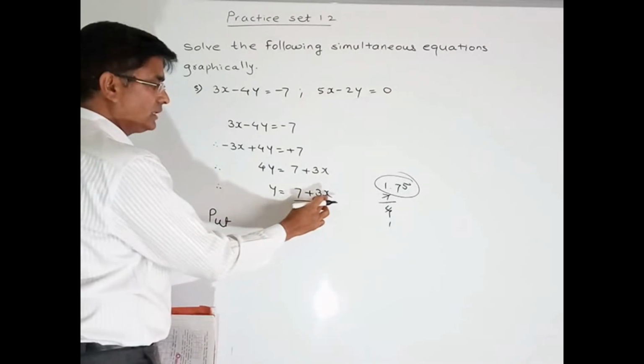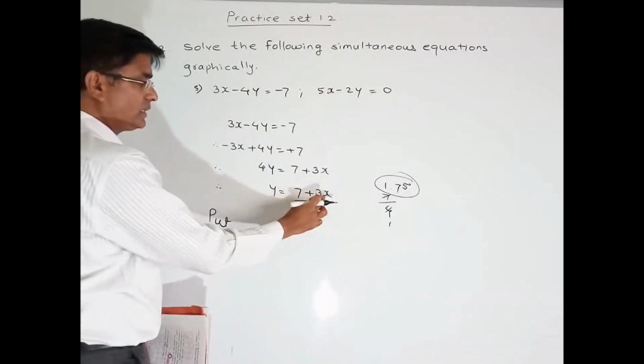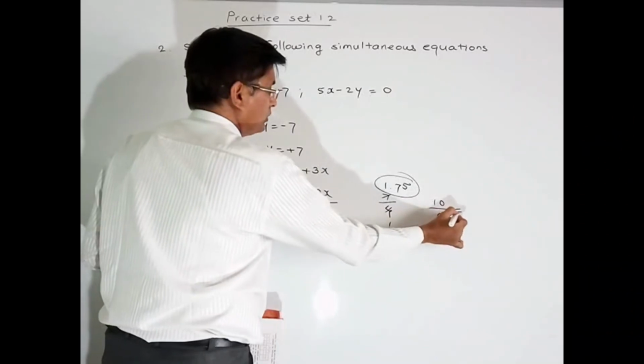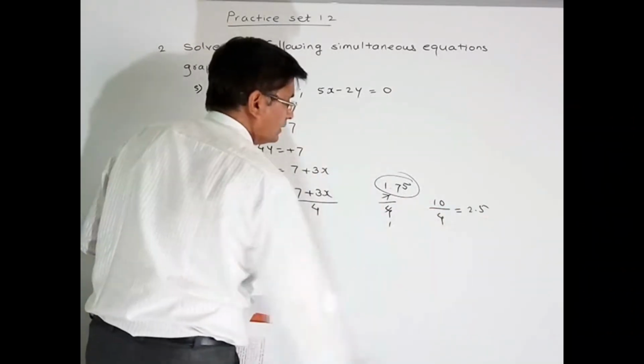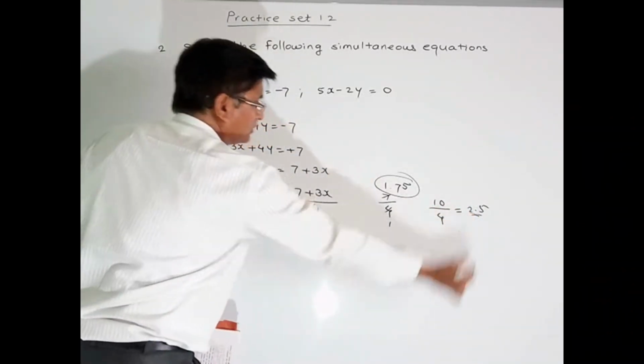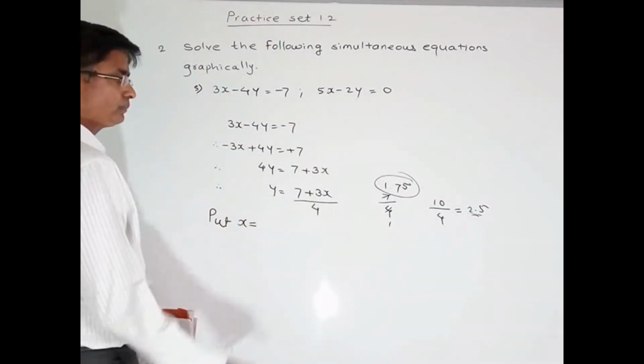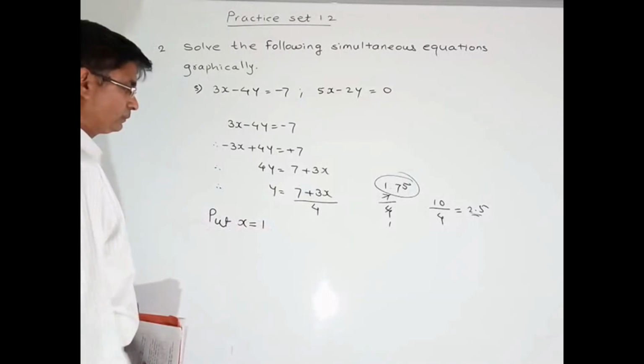If x is 1, then 3 ones are 3. So 7 plus 3, 10, and 10 divided by 4, you will get 2.5. So we can plot this point on the graph paper. So put x is equal to 1.